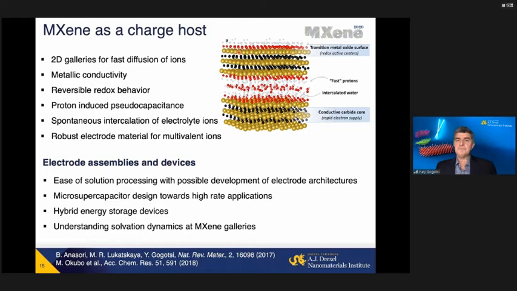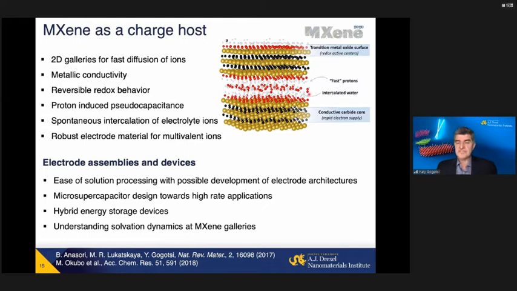Actually, the oxygen-terminated surface is predicted by DFT to be the best one for a variety of energy storage applications. And these layers of transition metal, with electrons available for conductance like in metals, allow fast transport for electrons, and galleries between the layers allow for transport of ions.